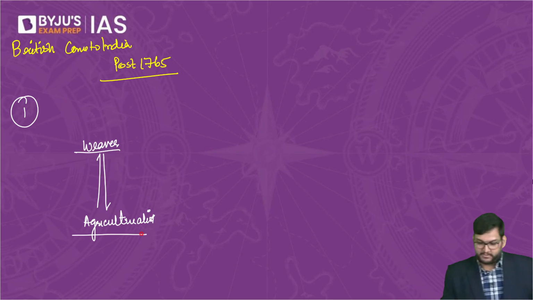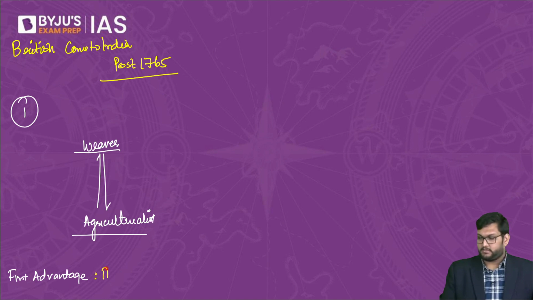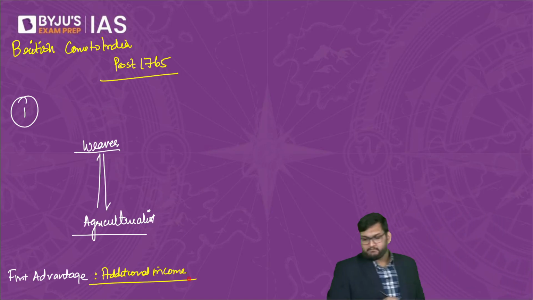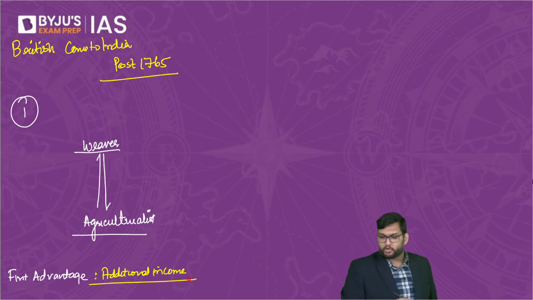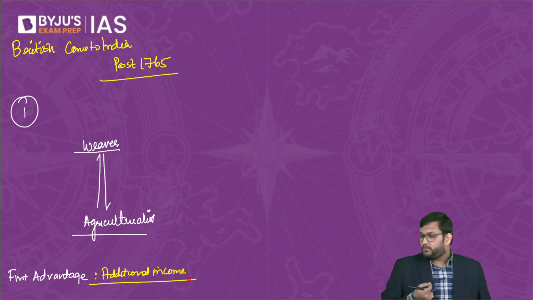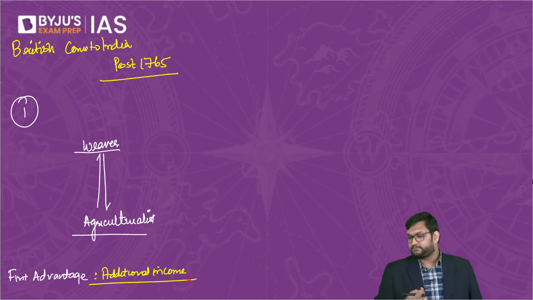This was the first advantage, which is that additional income. What did the British do as soon as they came? Why would this cloth be sold at a cheap rate? Because you are producing it at a cheap rate. What did the British do as soon as they came into Bengal once they got Diwani rights?